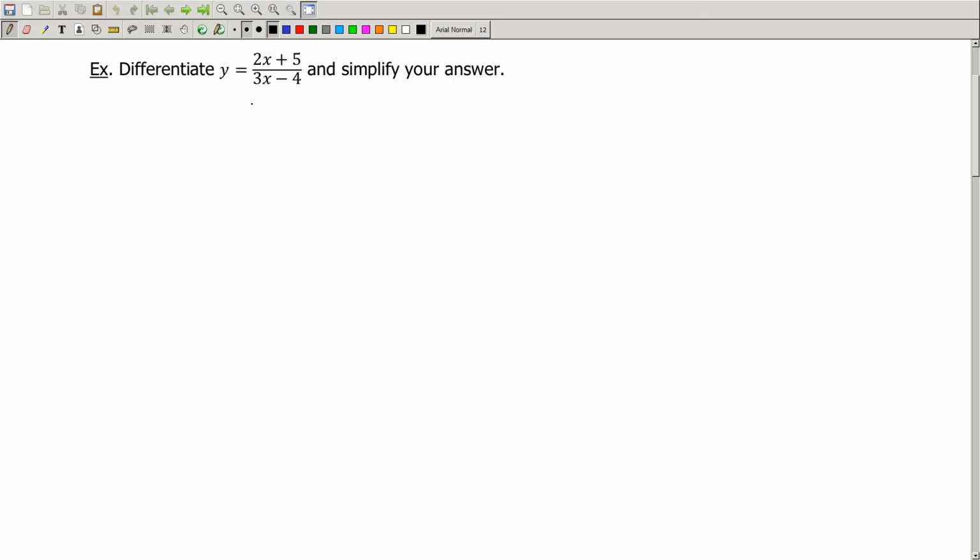Okay, so in this example, what we have is a rational expression. Okay, it's a polynomial over a polynomial. But in general, you've got u over v, and you want to find its derivative, so you want to find what it is primed. Here's the formula. It's v squared on the bottom, and you've got v u prime minus u v prime.